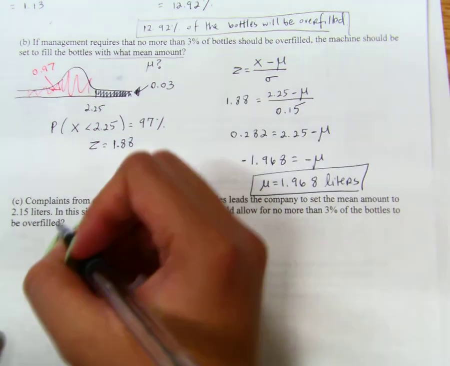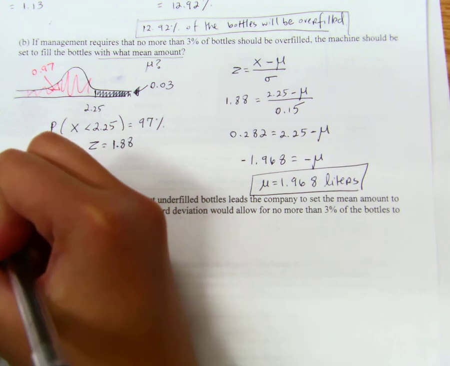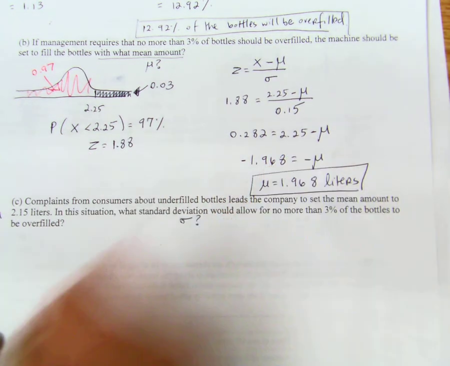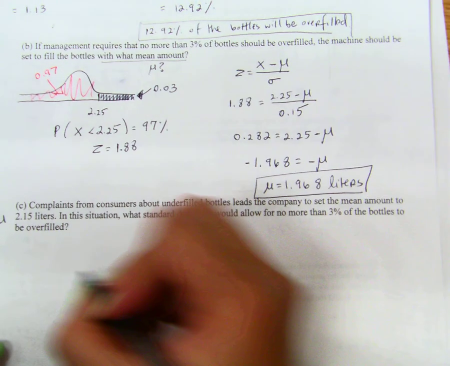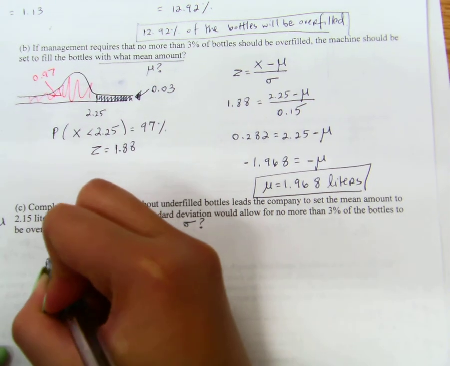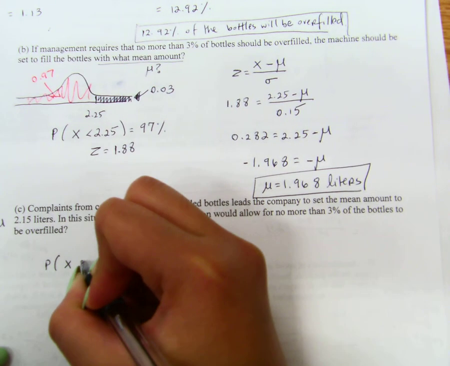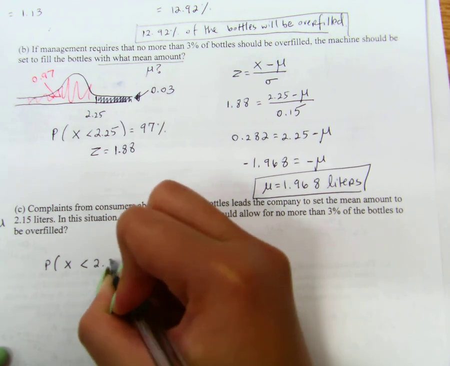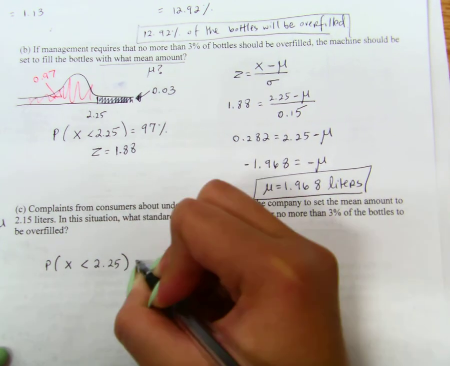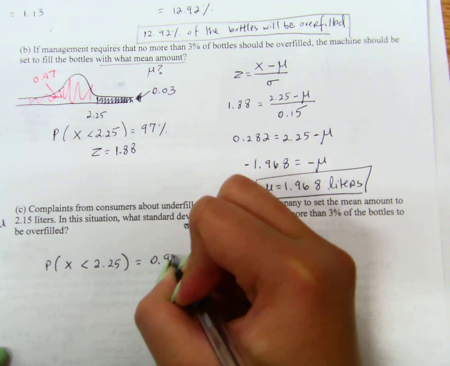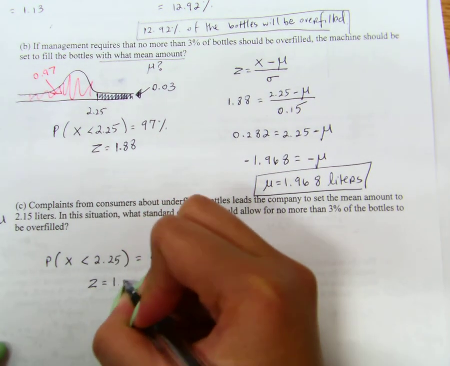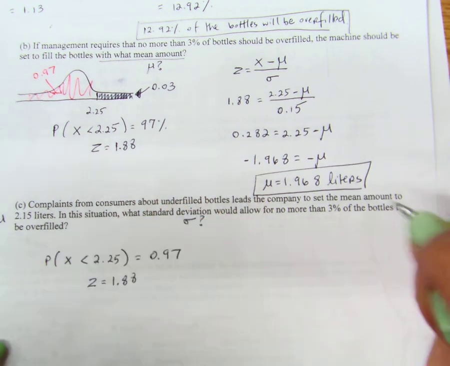We now have a new mean, and this time we are looking for standard deviation. That's what we don't know. The probability that the bottles are going to be less than 2.25 liters filled is still 97%, 0.97, and so that z-score isn't going to change, so we have 1.88.